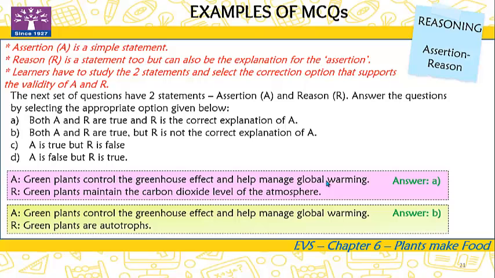These are both true, and A is correctly justified or validated by R. That means R is a correct reasoning for A, and hence my answer is option A. So in this manner, the students have to independently evaluate these statements and then see if there is a link between the two.